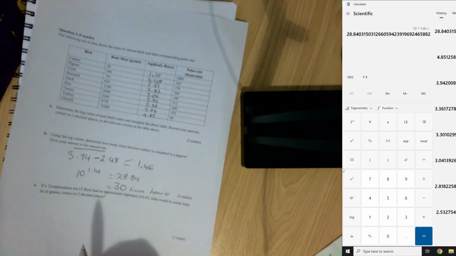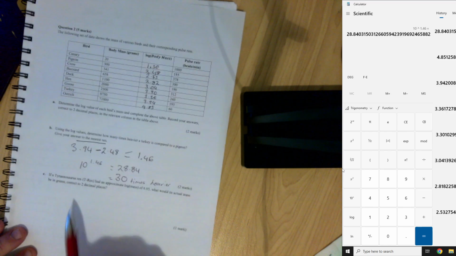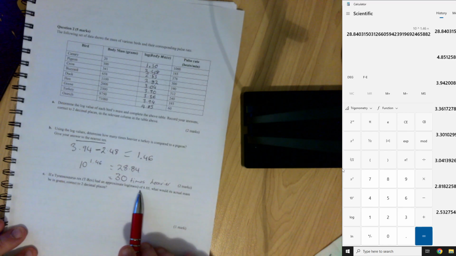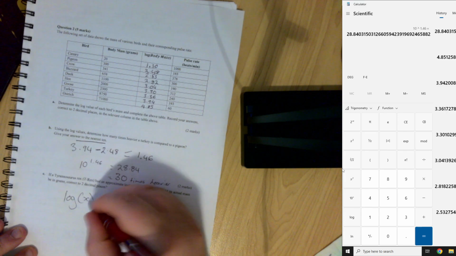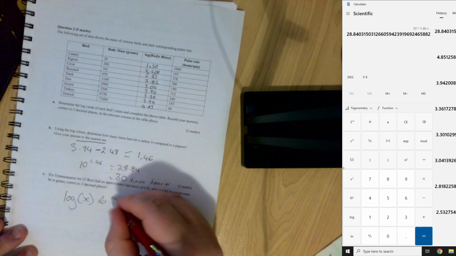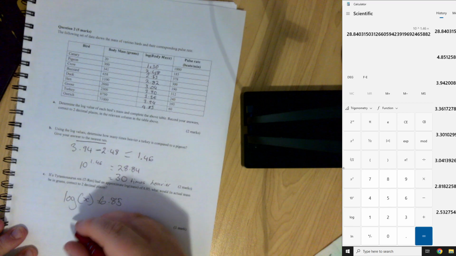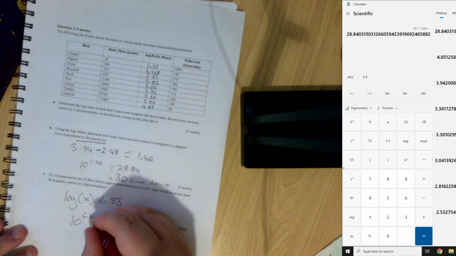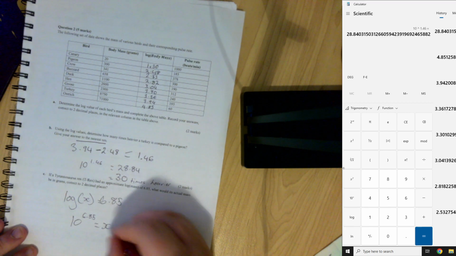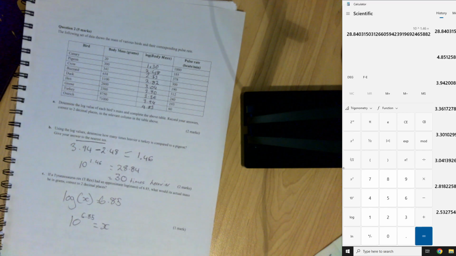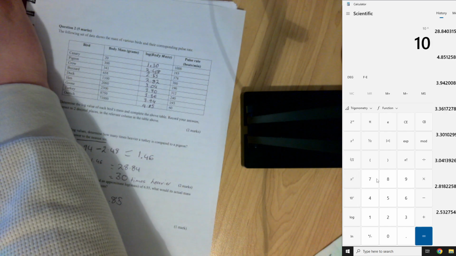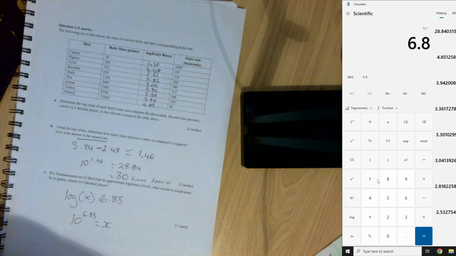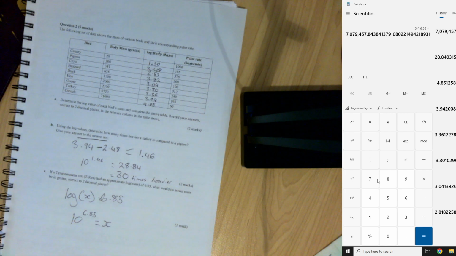Okay, this is the last question, and then we're done. If T-Rex had a log mass of 6.85, what's the actual mass? Remember, if log of X is equal to 6.85, we're actually saying 10 to the power of 6.85 is equal to X. So 10 to the power of 6.85 gives me that value there.